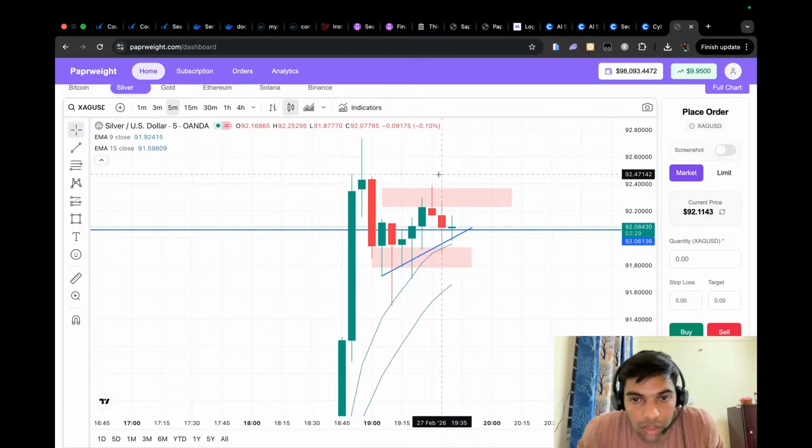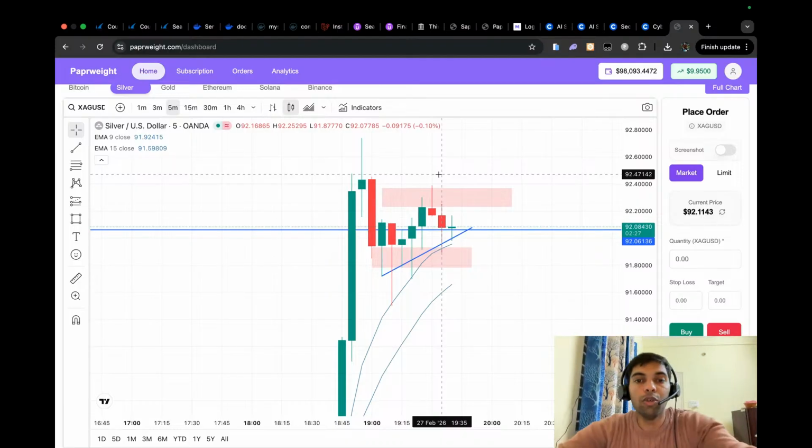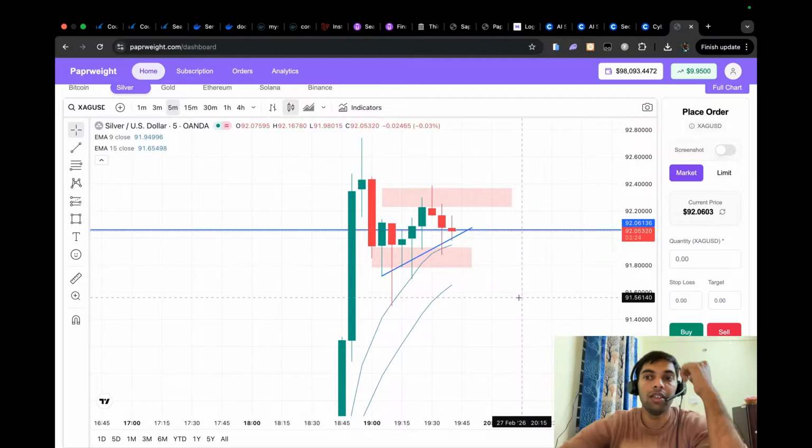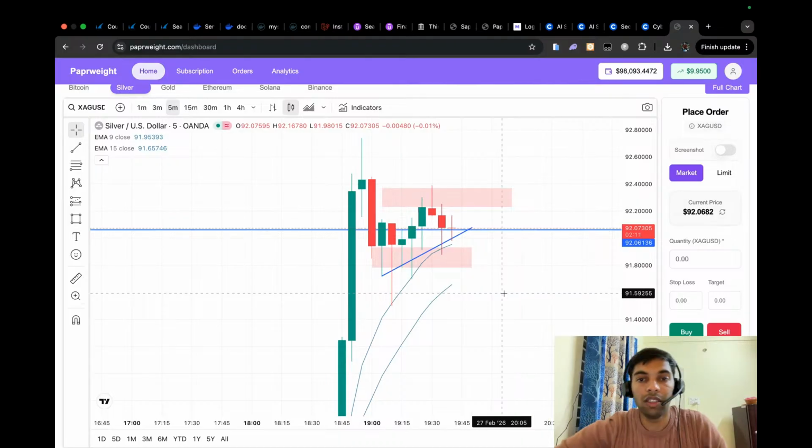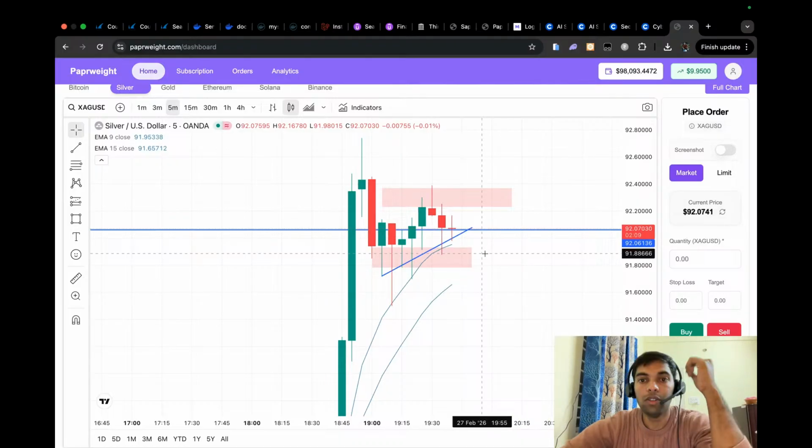So silver is stuck in the zone, and if it moves out from the zone, then there is a setup, and there is a right point where we can punch the order. But right now, this is not the safe side to punch the order.